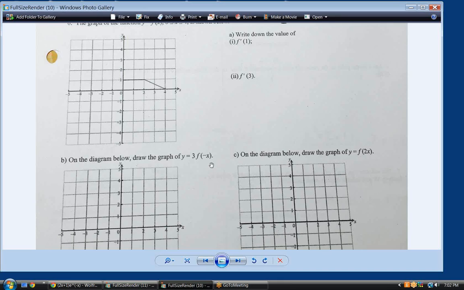Yeah, it would be a reflection of that graph about the y-axis. Right. That's what the consequence of f of minus x is always going to be: a reflection over the y-axis.